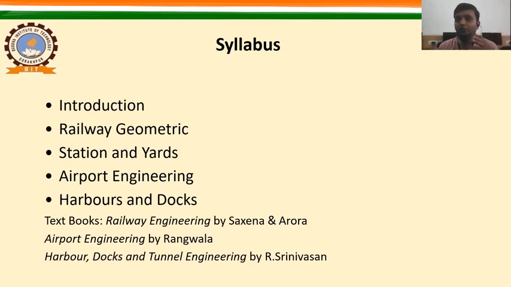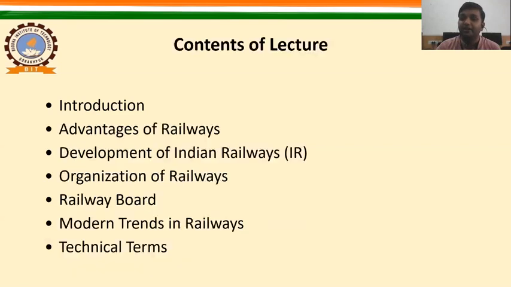The books I am using for preparing my lectures and content are Railway Engineering by Saxena and Arora, Airport Engineering by Rangwala, and Harbor, Docks and Tunnel Engineering by R. Srinivasan.